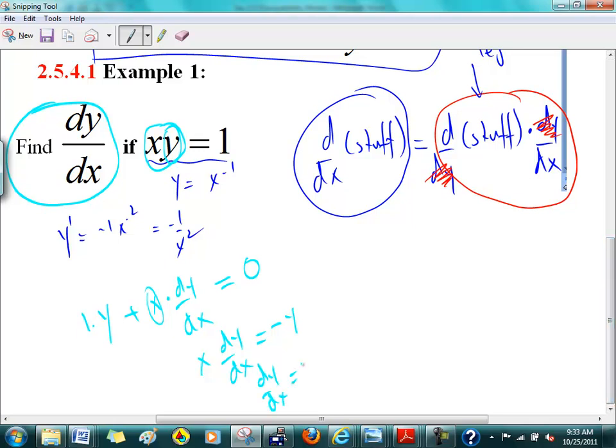Nice, good job. Do I know what y is equal to from this equation here? 1 over x. So doesn't this become negative 1 over x squared? Because y is 1 over x. Isn't this the same answer that we got the old-fashioned way?